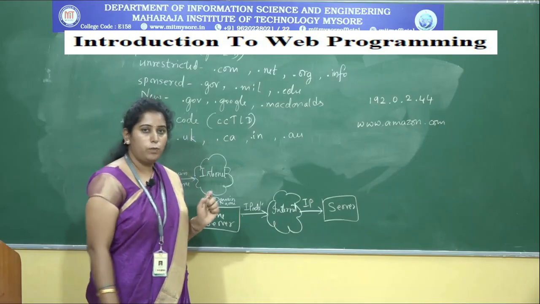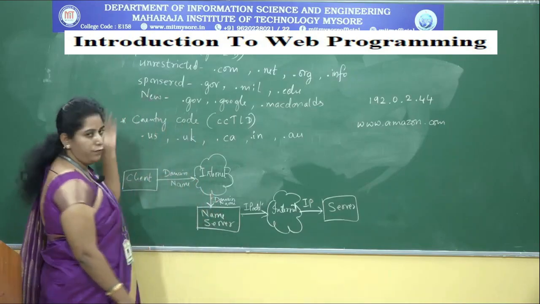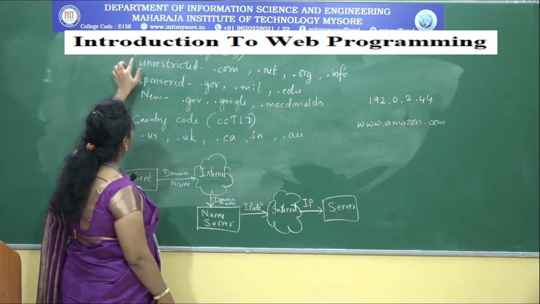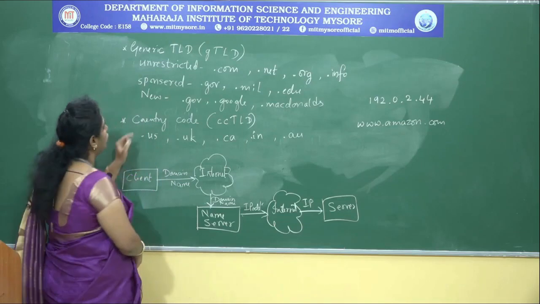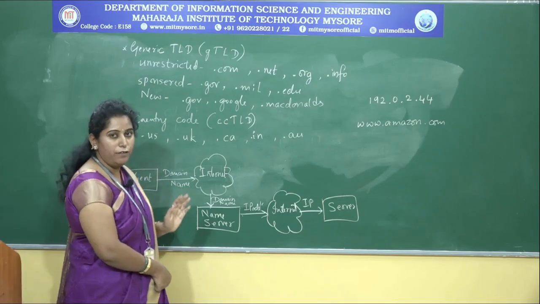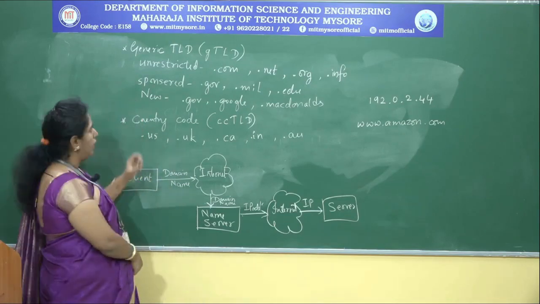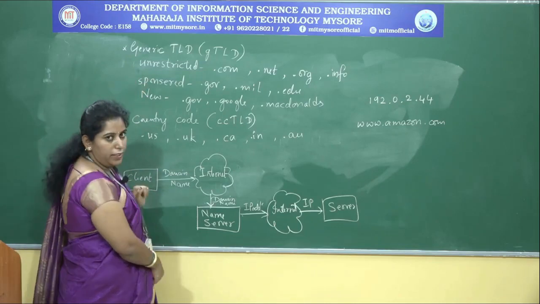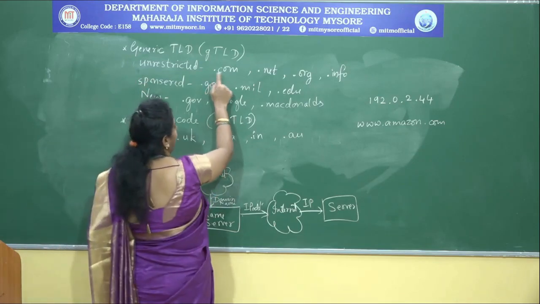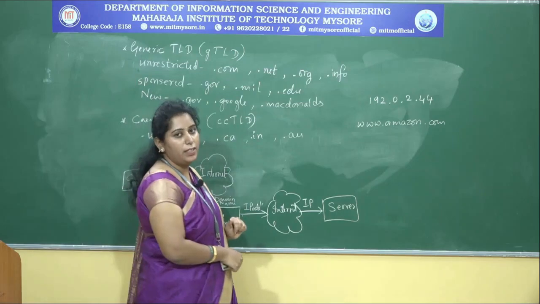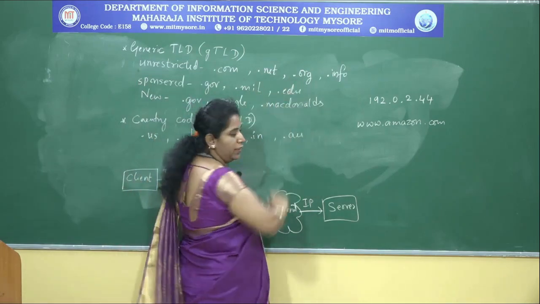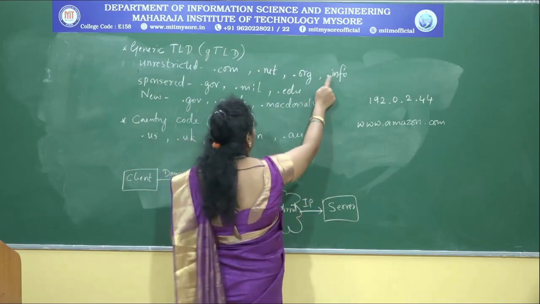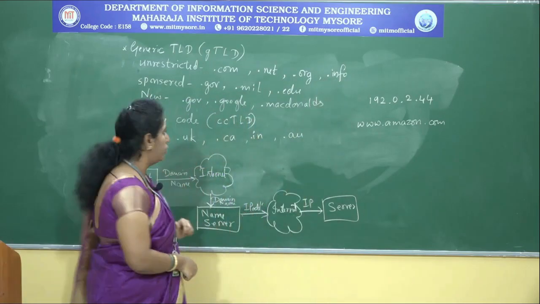The top level domains can be of different types. The first one is the generic top level domain. In generic top level domains, again we have several types, and under that, unrestricted. For example, .com represents commercial, .net, .org stands for organization, .info, information.